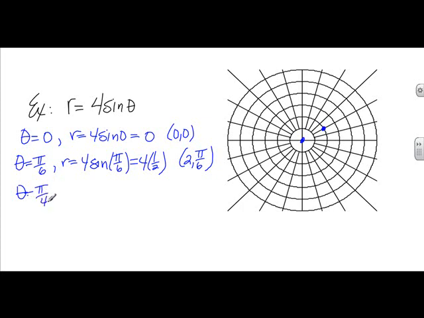So r is 4 times the sine of pi over 4, so 4 times the square root of 2 over 2. So we get 2 square roots of 2, comma, pi over 4. And we grab our trusty calculator to get a decimal approximation for 2 times the square root of 2, and that's 2.8. So I think about the angle pi over 4, and I'm going to count out not quite 3 units out that ray.